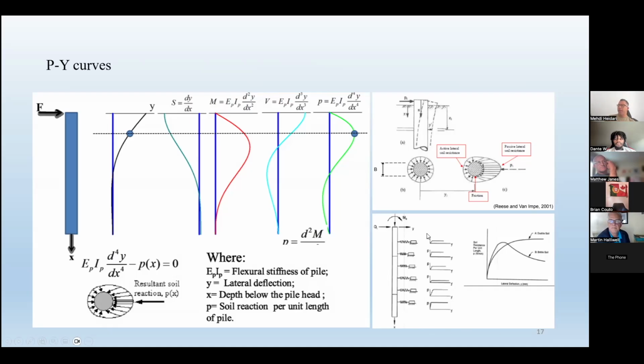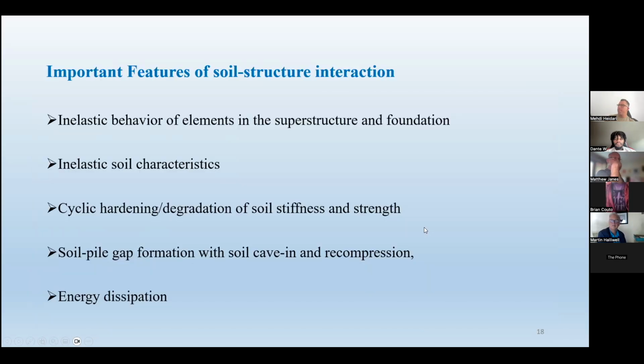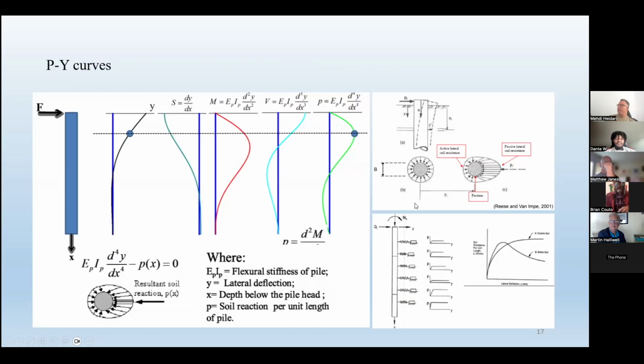The PY curve has a linear portion, and then they consider this as an elastic fully plastic model.